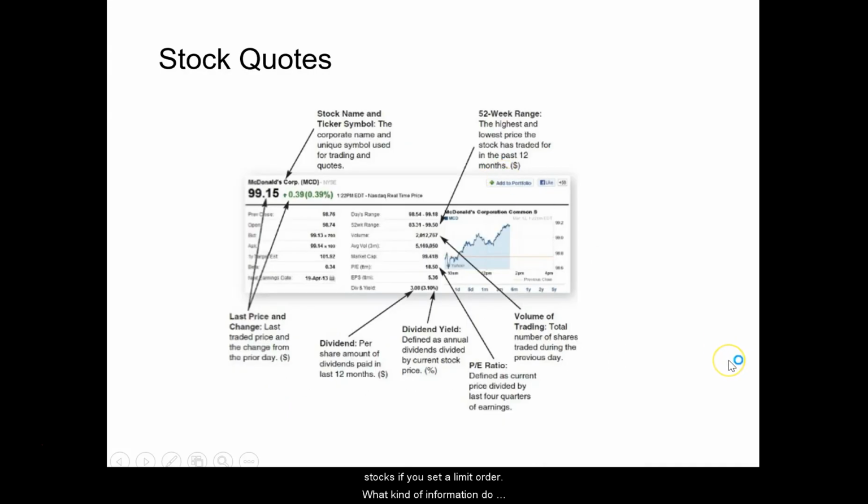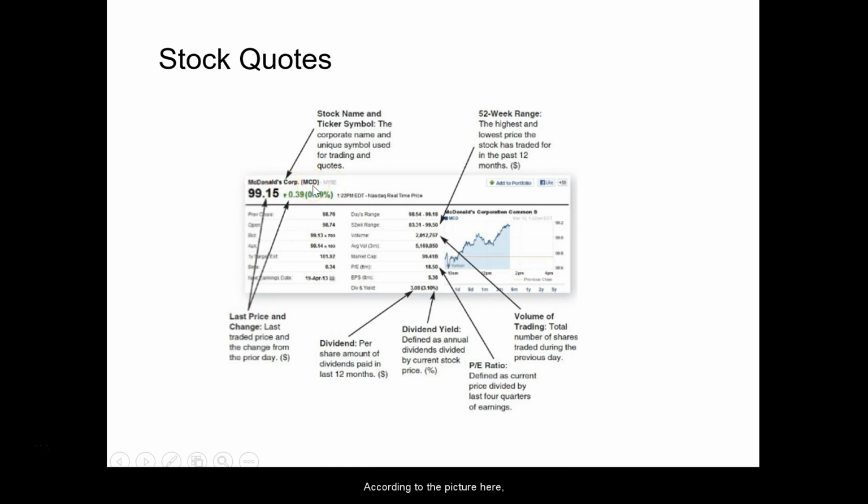What kind of information do we get when we try to look at the quote of a stock? So when we look at this picture, we see this is about McDonald's stock. The company is McDonald's Corp, and the ticker symbol is MCD. So McDonald's is traded at NYSE under the ticker symbol of MCD.